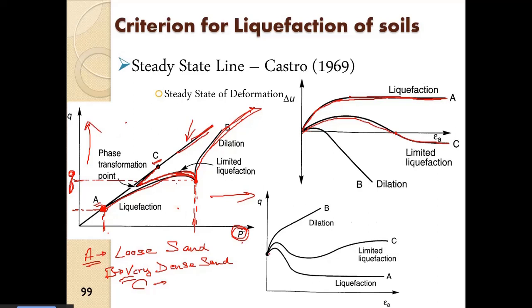All right, so this is the B soil sample type, and this is the A sample type. So this is the range of liquefaction here.